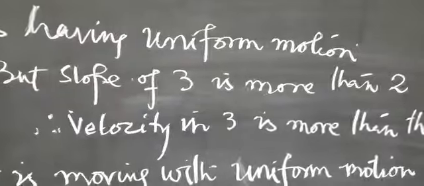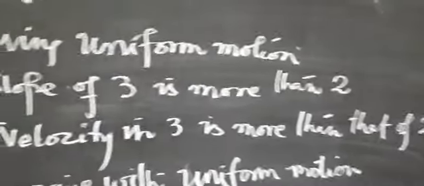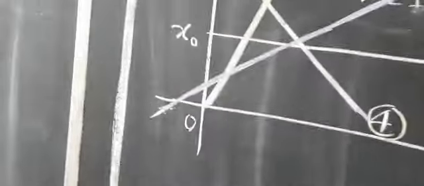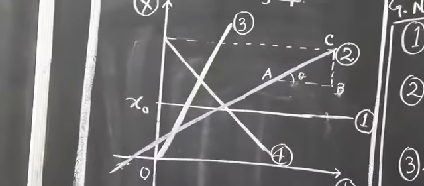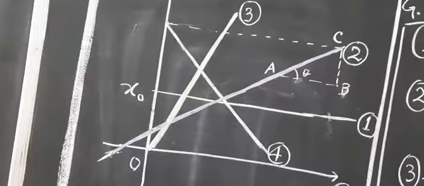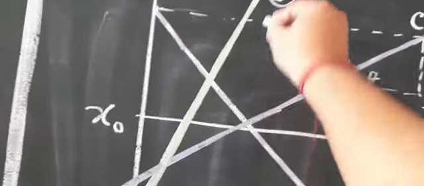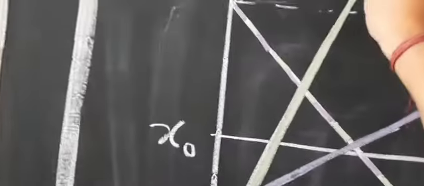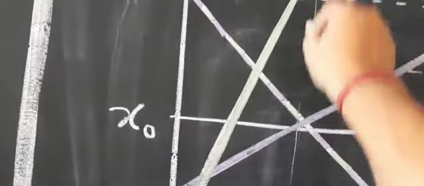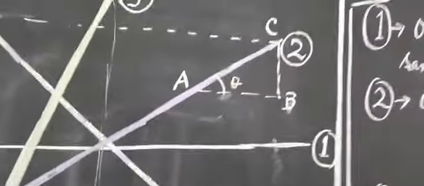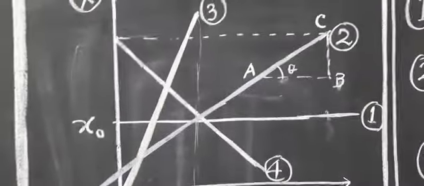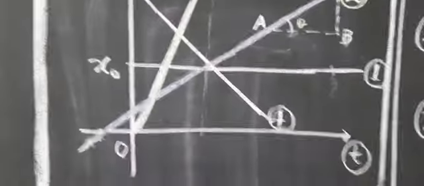Therefore, the velocity in 3 is more than that of 2. If someone asks whether velocity is more in 2 or 3, the answer is that in the third graph the velocity is more. How is the velocity more? You find the slope. Because this is a larger distance than this, right? So the slope of the graph is more in 3, so velocity is more.